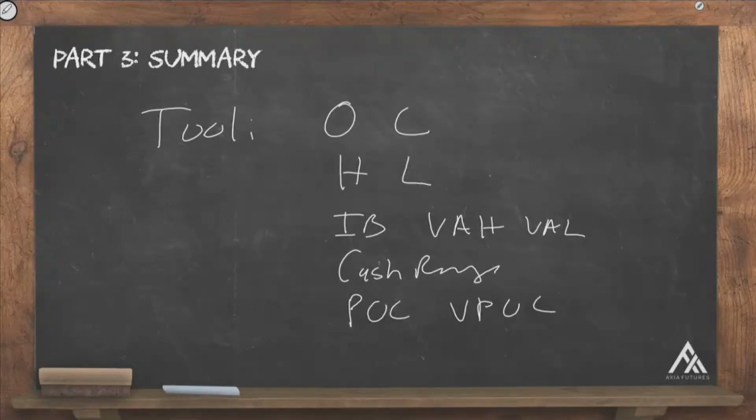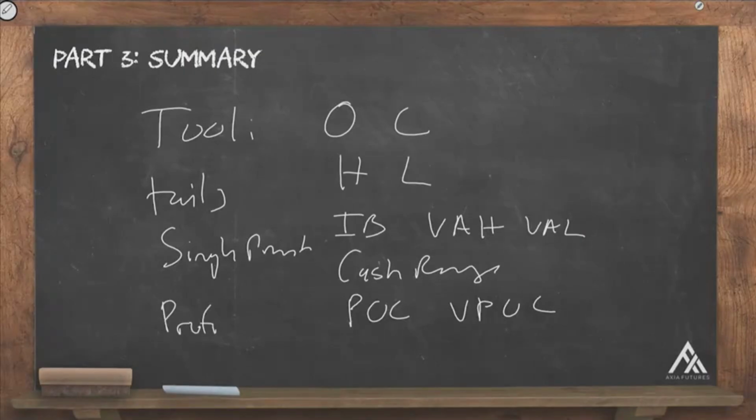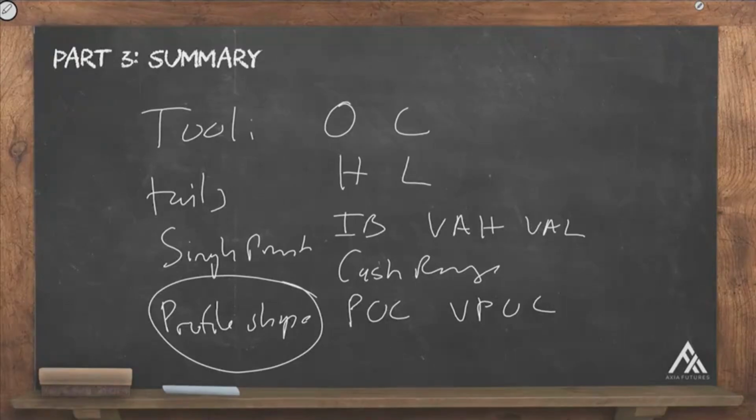We spoke about the tails, single prints, and last but not least, the profile shape. Now, it's very important. We're going to give you quite a few questions that you can go and practice this. But what you need to be able to do before you move on to part 4 and before you begin module 2 and 3, is make sure that you can 100% complete any template based on any market and identify every one of these parameters.